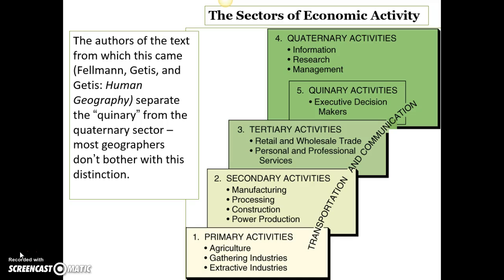And as you go up and more people are engaged in these type of economic activities, what you notice is that transportation and communication gets better, and we rely more and more heavily on it in order to not just engage in the economic activities, but also to supply our wants and our needs.